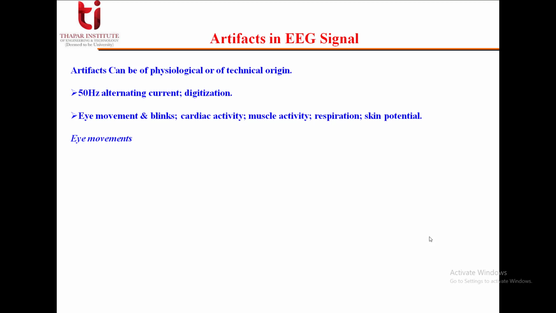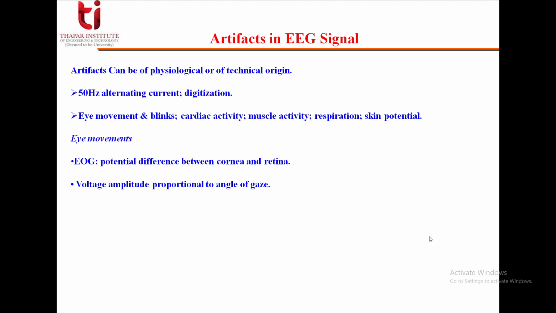First are the artifacts due to eye movements, that is EOG, which is electrooculogram, which measures the potential difference between cornea and retina.